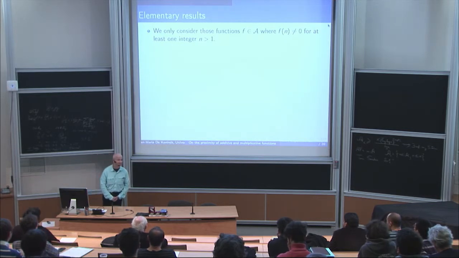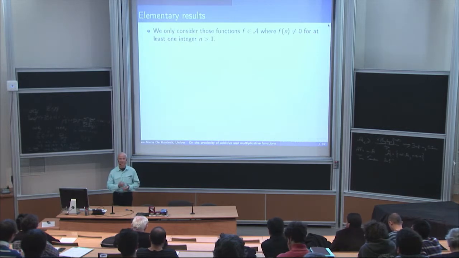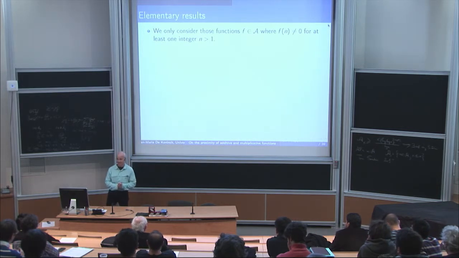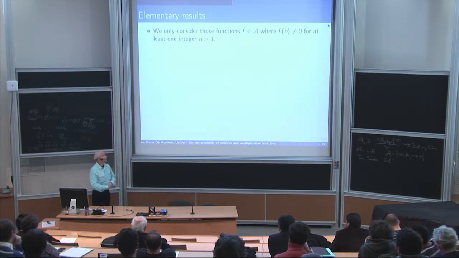And this is enough to guarantee that if you look at any given multiplicative function, then this additive function will differ from it infinitely often. That is, this condition guarantees that f of n is different from g of n infinitely often. It's an easy exercise.